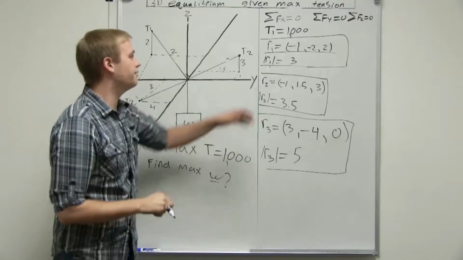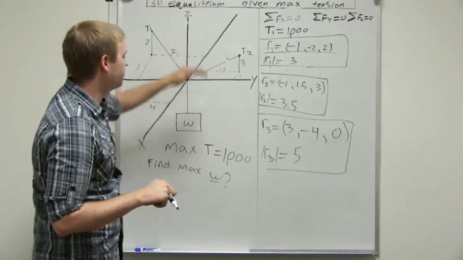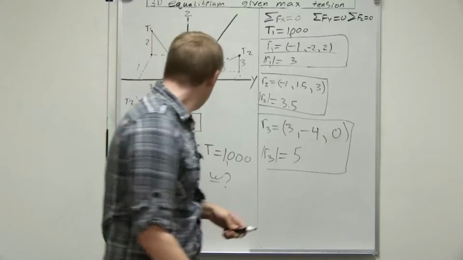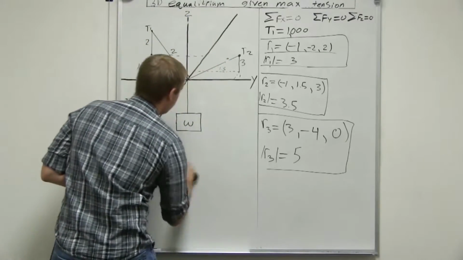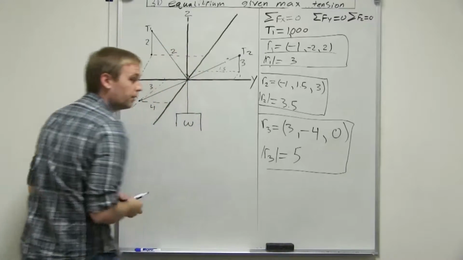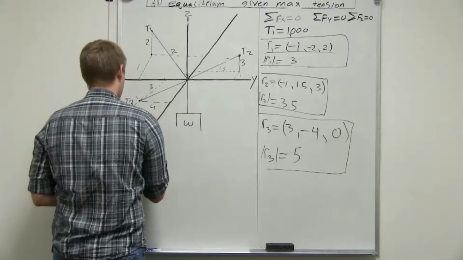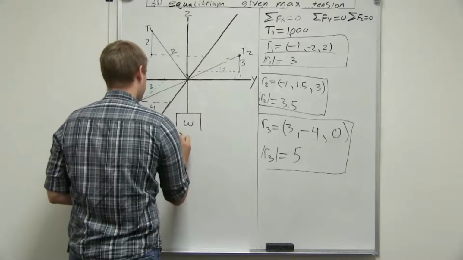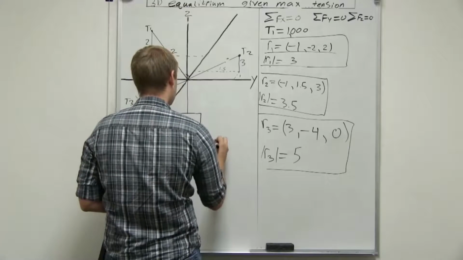So now that we have the position vector and the magnitude for each of these ropes, we can find the unit vectors. Okay, so unit vector 1 equals -1 over 3, comma, -2 over 3, comma, 2 over 3.